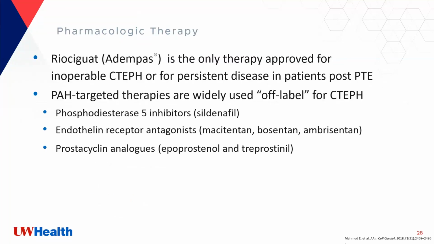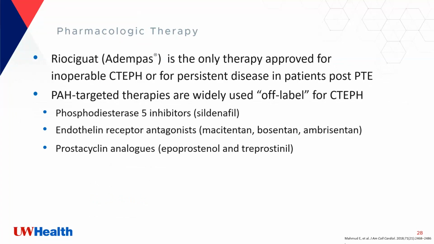So now moving on to pharmacologic therapy for these patients. So for CTEPH, riociguat or Adempas is the only treatment approved for inoperable CTEPH patients or for patients who have persistent disease post-surgery.